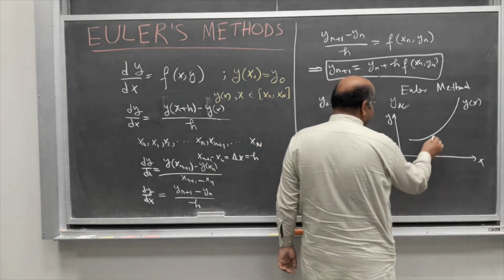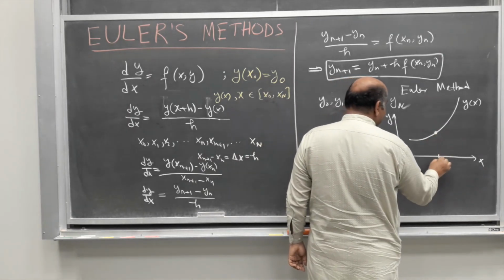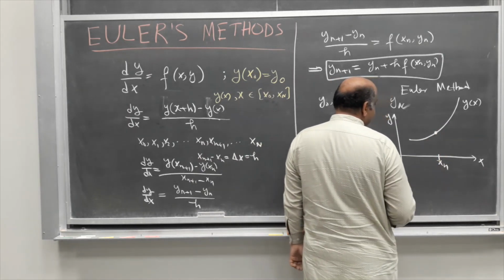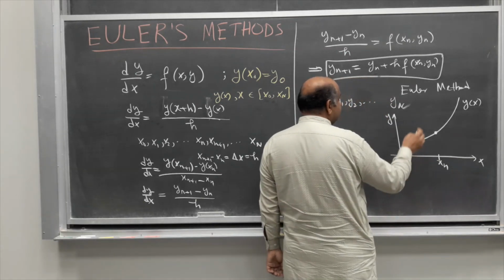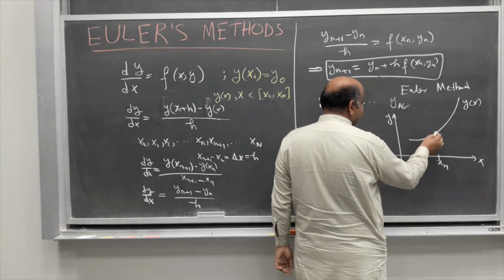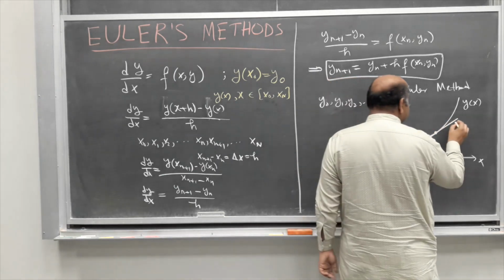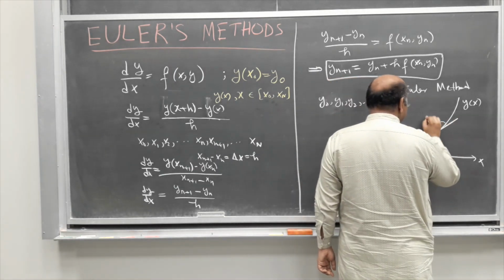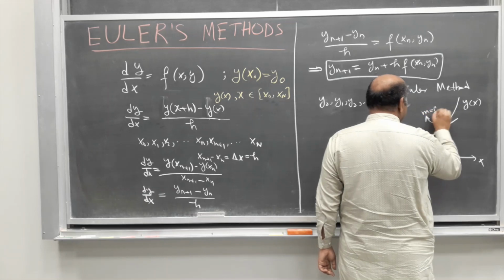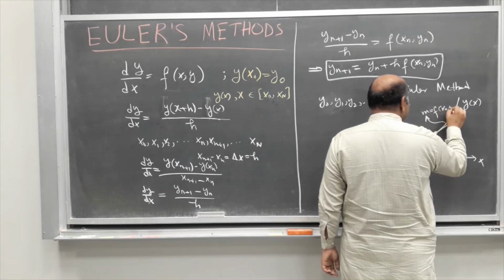So let's say we are at this arbitrary point xn, and by finding f of xn, essentially what we know is this slope, which is f(xn, yn).